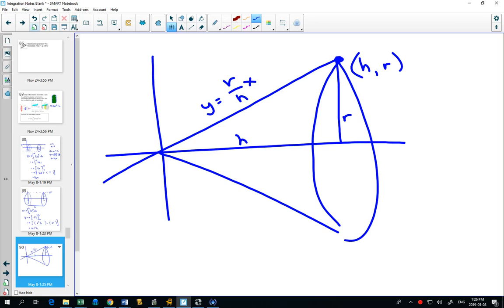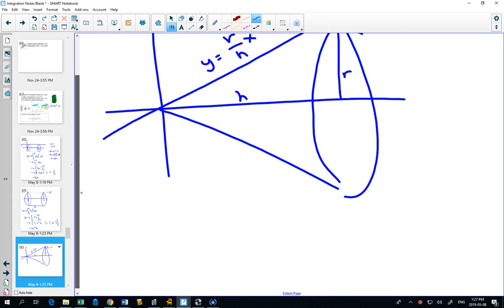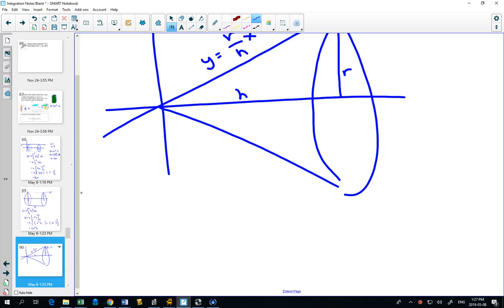And so if I want to figure out the formula for the volume of a cone, I'm going to use this idea that if I take a line and rotate it 360 degrees, I'm just adding up a bunch of smaller and smaller circles as I'm going along, and that's represented by the volume of revolution.